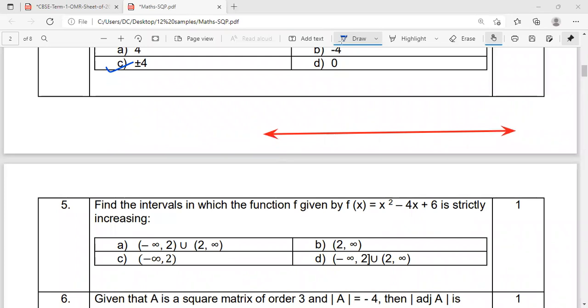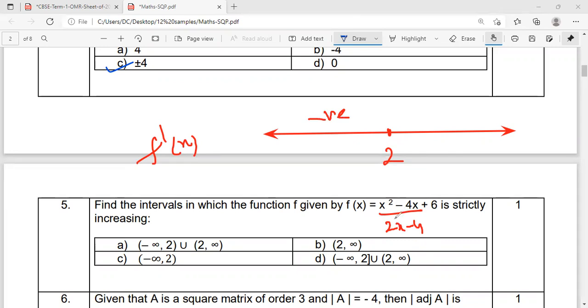Now what you are getting is this derivative. And there is only one critical point or turning point, we can say, that is x equal to 2. At x equal to 2, it is changing our function. So we would like to know the value of f dash x around x equal to 2. f dash x is 2x minus 4. So what is the value of 2x minus 4 if x is less than 2? Less than 2 can be 0. If x is 0, it is negative.